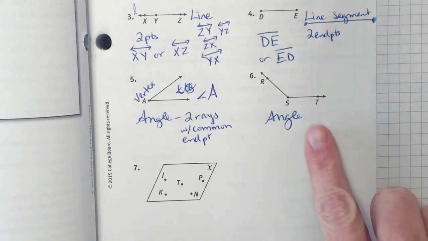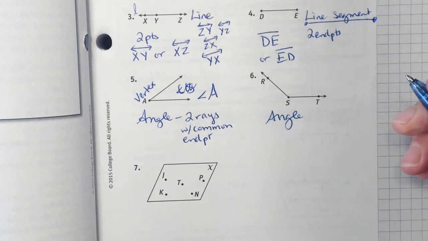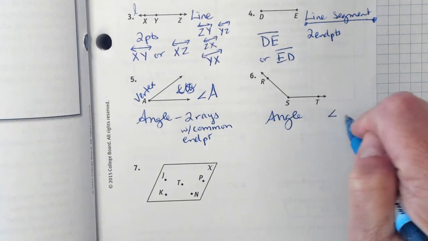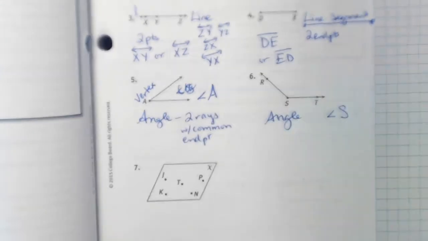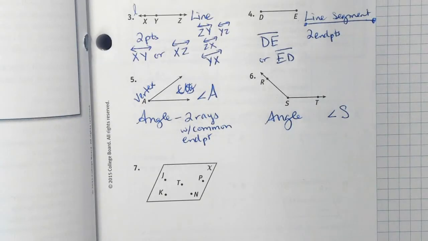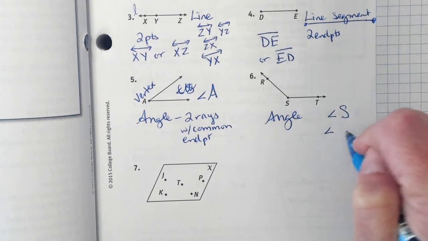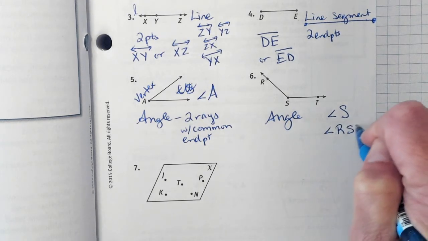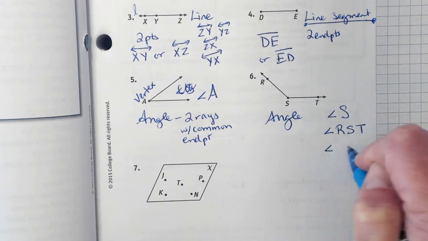Over here on number 6, we can actually name this a few different ways. We name this as angle S because S is our vertex, or we could name this angle RST or angle TSR.